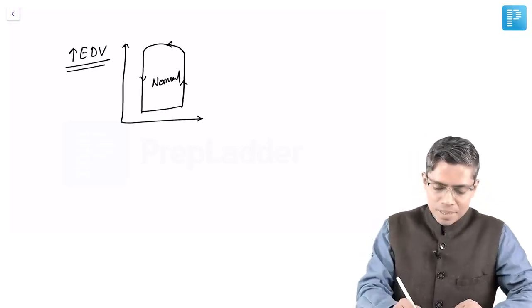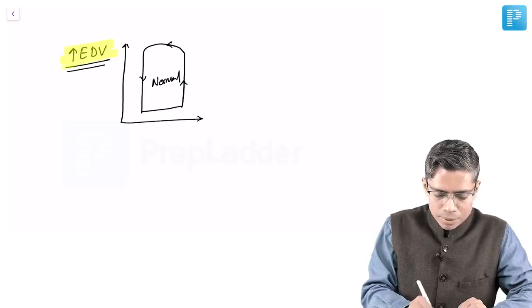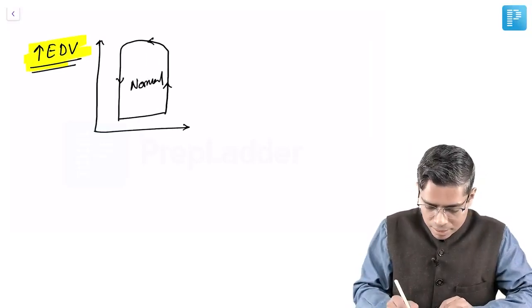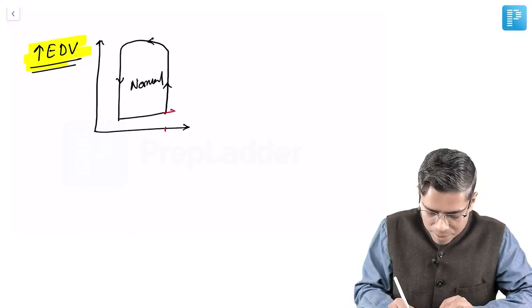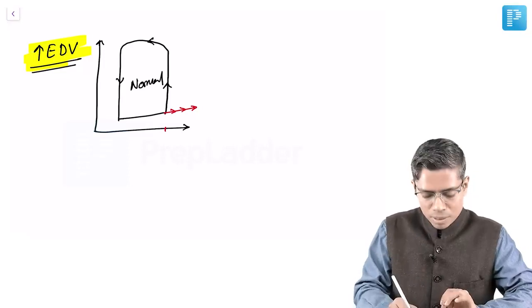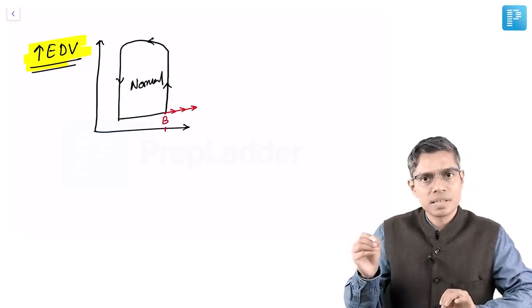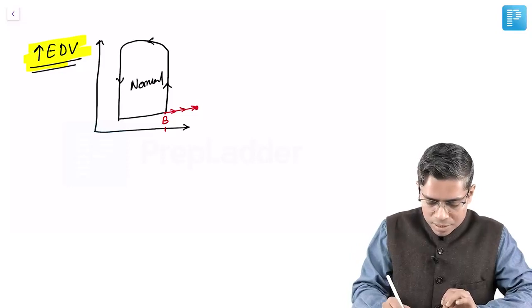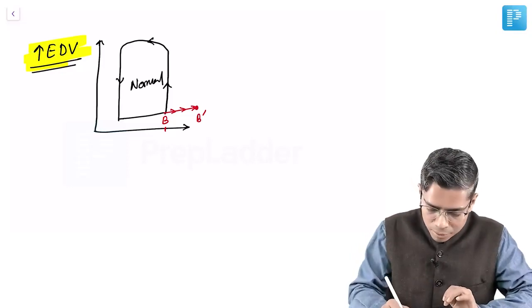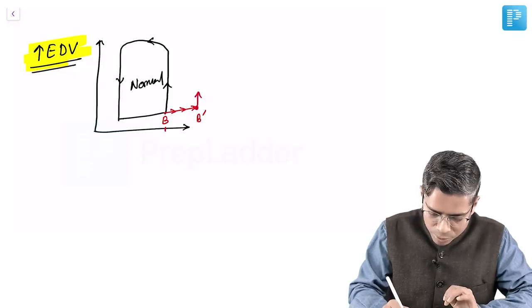If there is an increase in end diastolic volume, I can simply understand that this point will be shifted to the right side. More and more EDV means more and more shifting of this point B towards the right side. Suppose this B dash is the new end diastolic volume point. So the ventricle will start its isovolumic contraction from here.